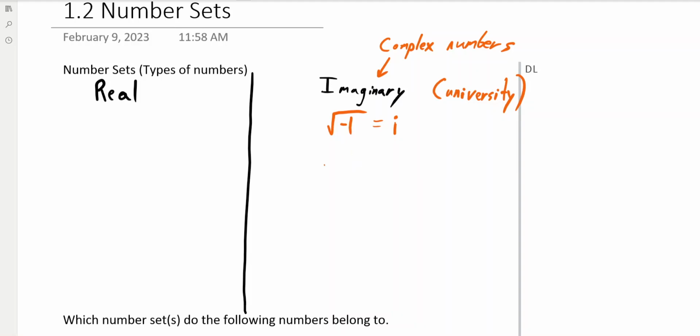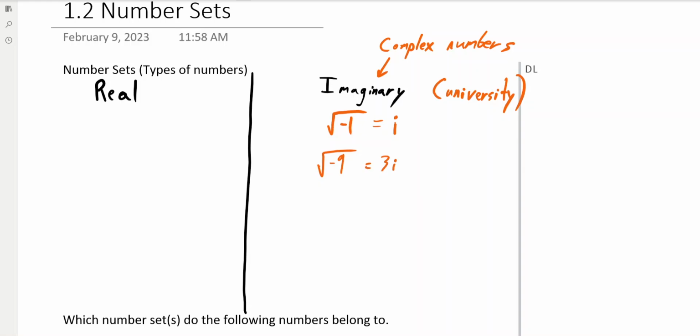Or another way to say 3i would be 3 times the square root of negative 1. Or if we said the square root of negative 9, well, we know how to get the answer for 9. The answer for the square root of 9 is 3, and then there's the negative, so we'd say this is 3i.